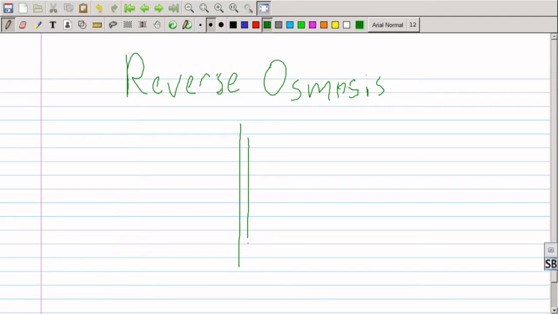Yeah, exactly. If you have a semi-permeable membrane and you have on one side pure water and on the other side you have a solution, under normal circumstances, there's pressure for the pure water to move into the solution through this semi-permeable membrane.